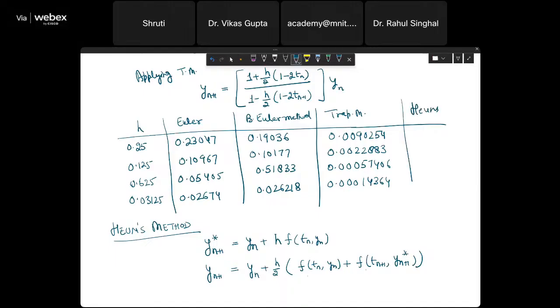So I'm listing it in this particular table itself. This is the error involved here for step size 0.25. Then for the next step size, it is this.